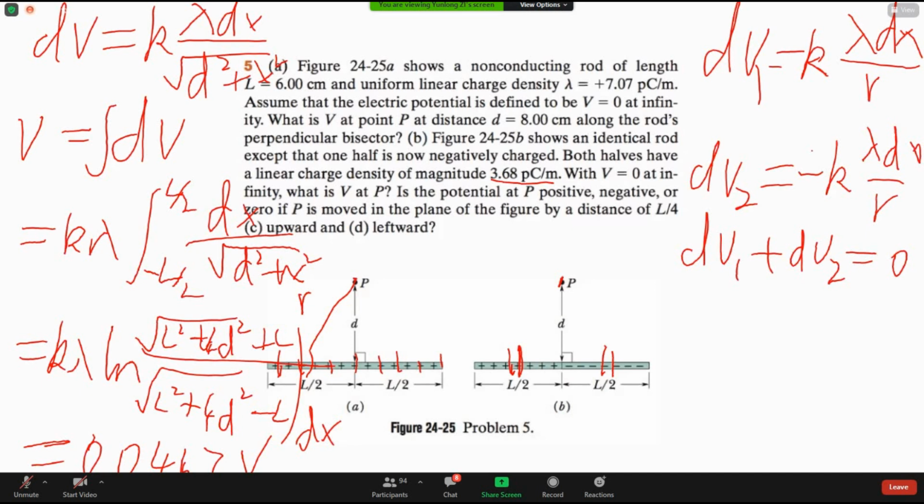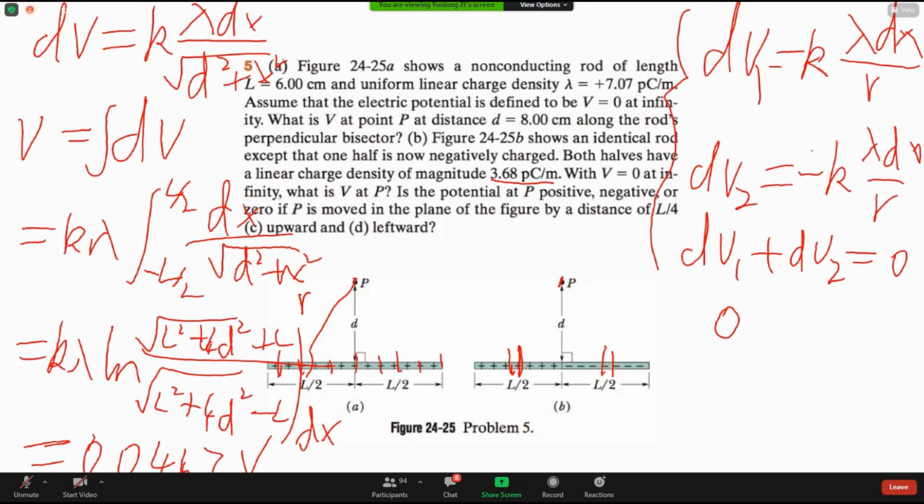This is highly symmetric, so if you integrate from minus L over 2 until L over 2, you will eventually get 0 potential.